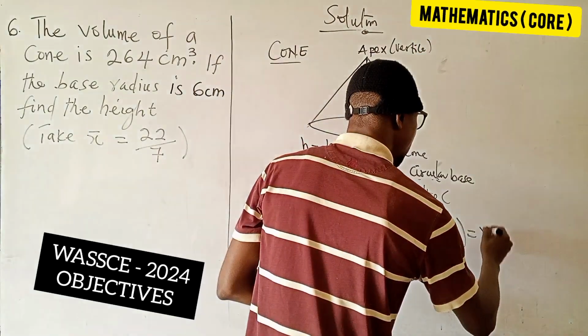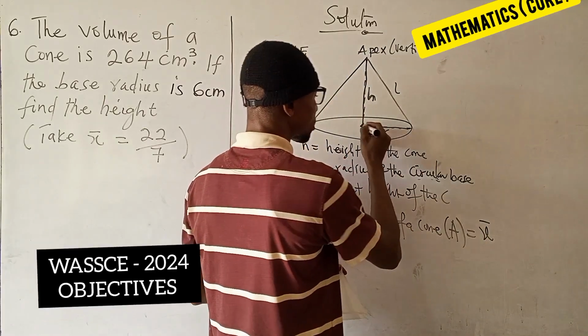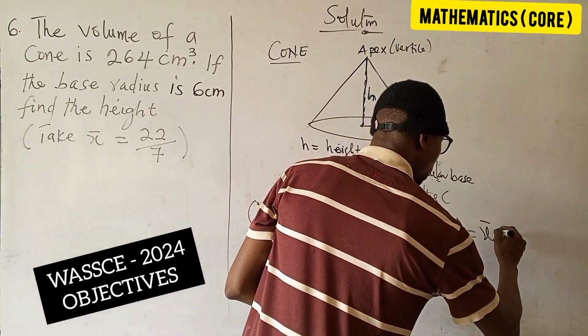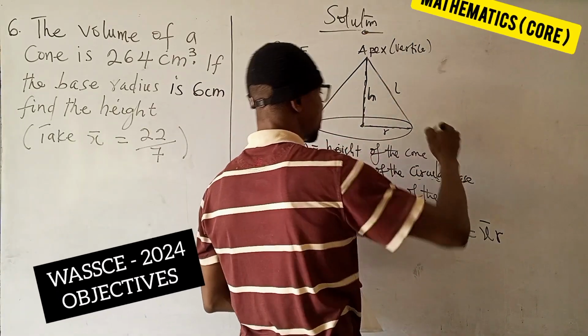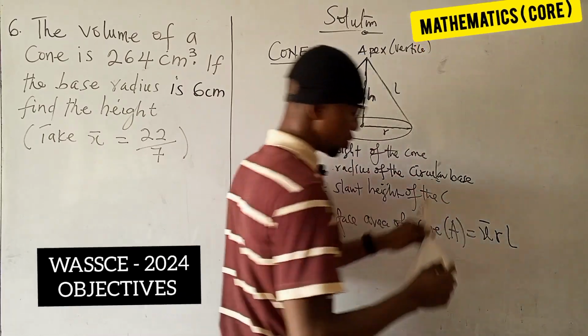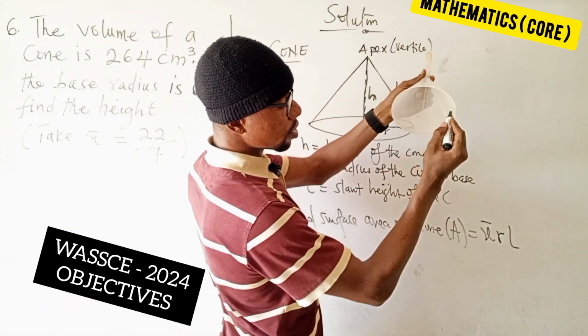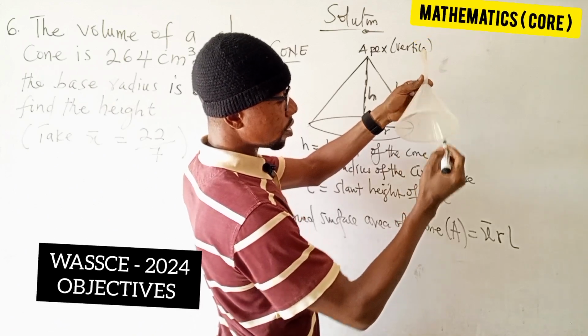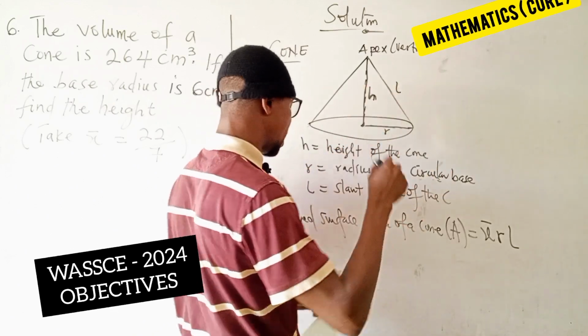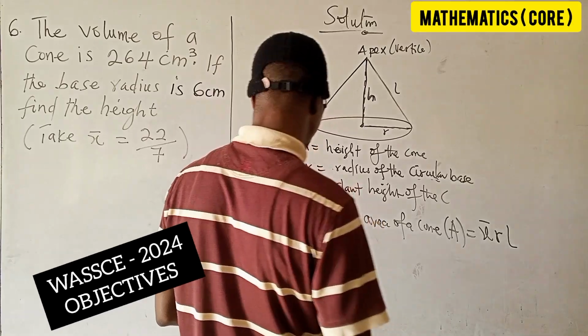It is pi, then the radius of the circular base multiplying the slant height of the cone.